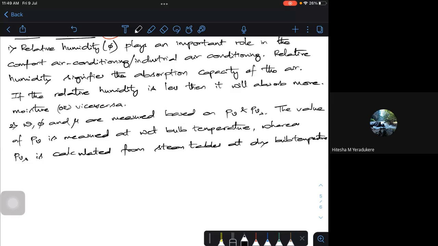This is how you are supposed to calculate or measure your PV or PVS, all those things. This is very, very important.